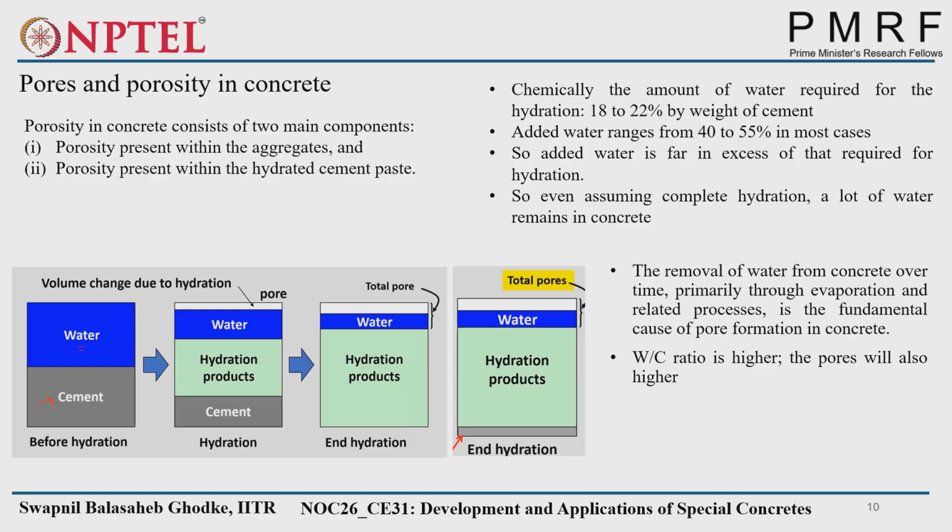That will create honeycombing also. Whether pores are interconnected depends on the execution and casting process also. And that's why if the water cement ratio is higher and water is available in this area and the nearby area, and it gets evaporated, then after the evaporation the pores get connected, and that will create the permeability issue.